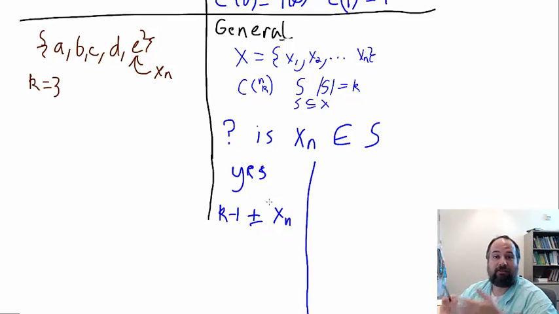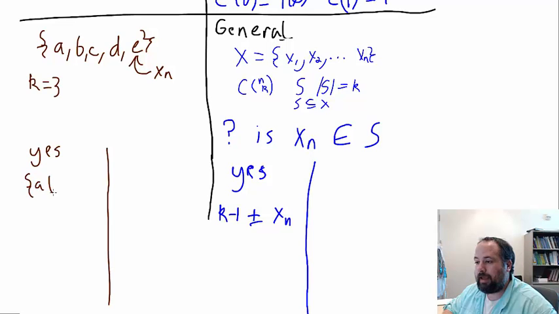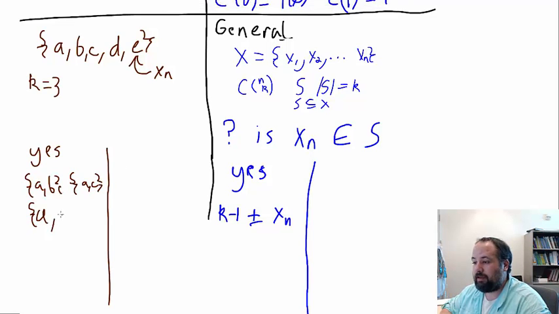If it does have x sub n, then there's some set one smaller than k that does not have x sub n. So if we go back to our real world examples, those sets are AB, AC, AD, BC.